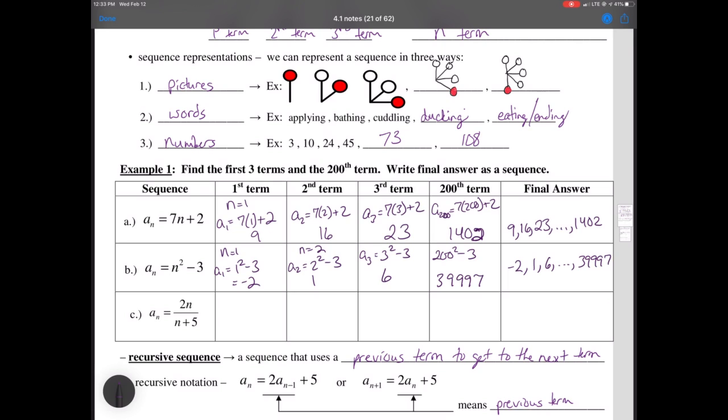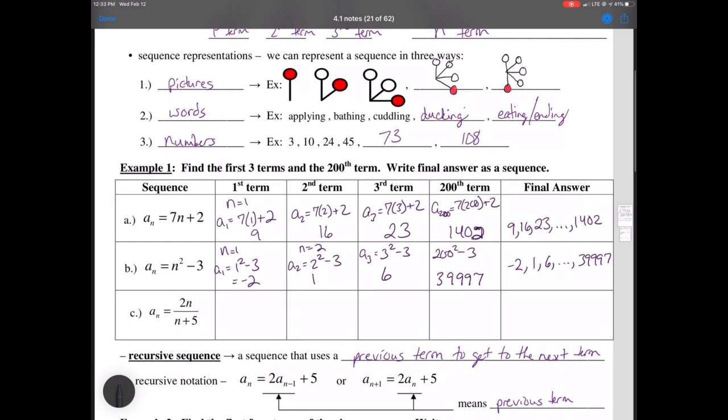2n divided by n plus 5. So we let n equal 1, and you get 1/3. N equal 2, you get 4 over 7. N equal 3, and you get 3 over 4.